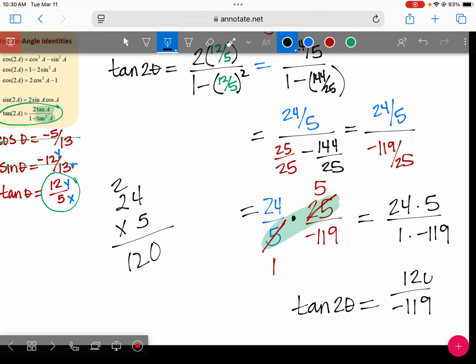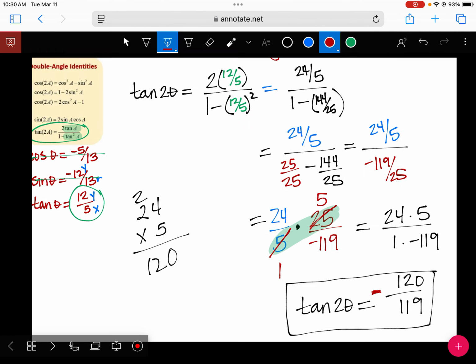So your final answer for tangent double angle should be, and I want to make sure you understand this, when you have a negative, I put the negative in my denominator, but I'm actually going to move that to the front. The negative just has to be somewhere in the fraction. It doesn't matter where that negative goes. It could go upstairs, it could go downstairs, but I usually just put it in the front. And that would be my tangent double angle.